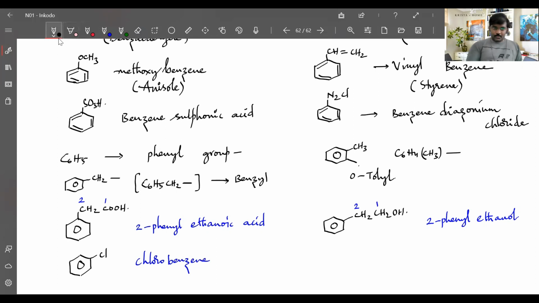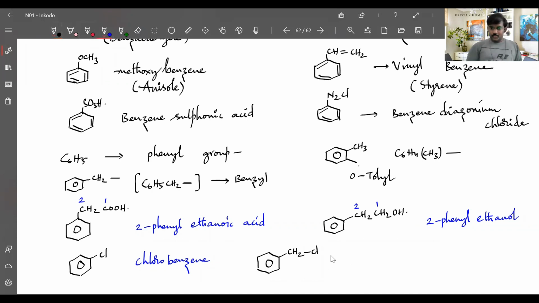Suppose the same benzene ring was there, but now the chlorine is not directly attached on the benzene ring; it was attached like this. Now this cannot be chlorobenzene.